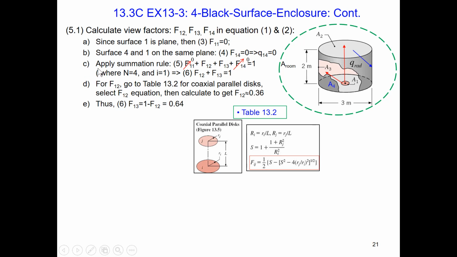C. We apply summation rule. Since n equals 4 and let i equal 1, j changes from 1 to 3 to 4.